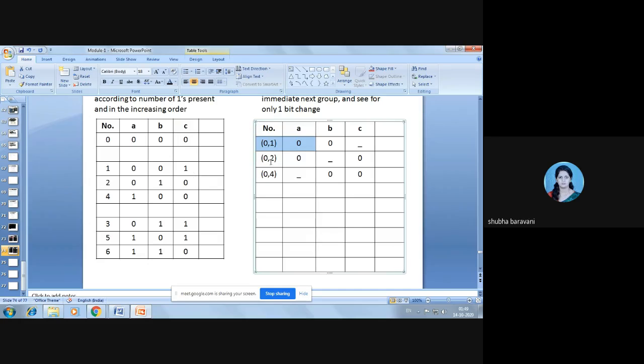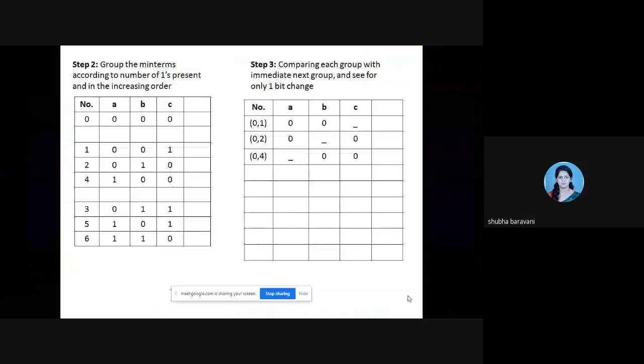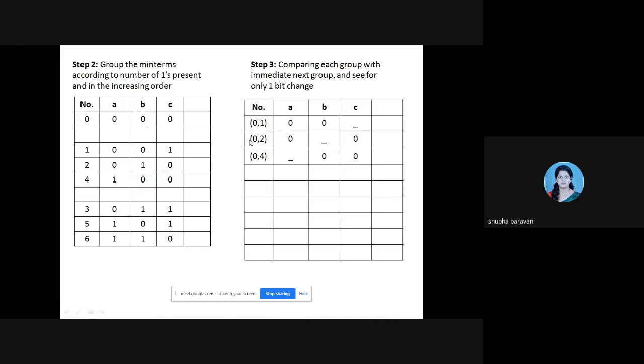Now see here, which minterms appear? 0, 1, 2 and 4. Whichever minterm is appearing here, to that minterm I'll put a tick mark.